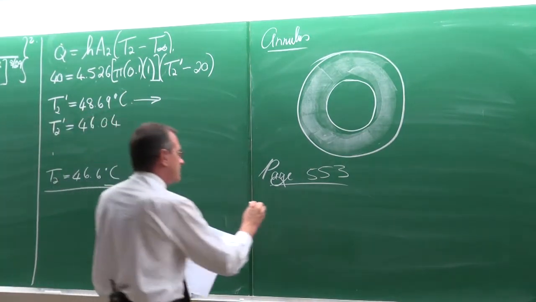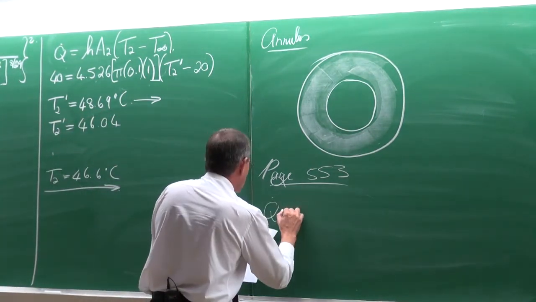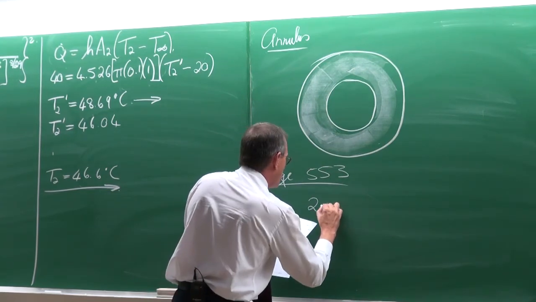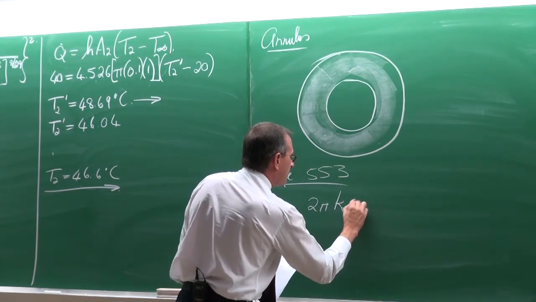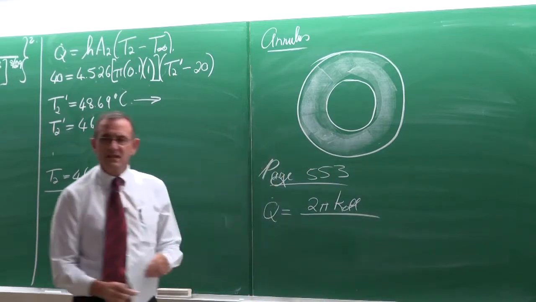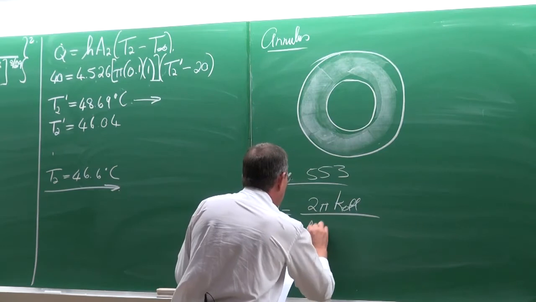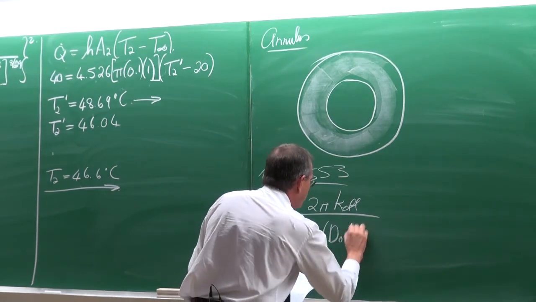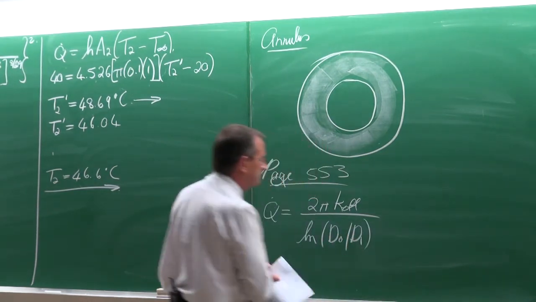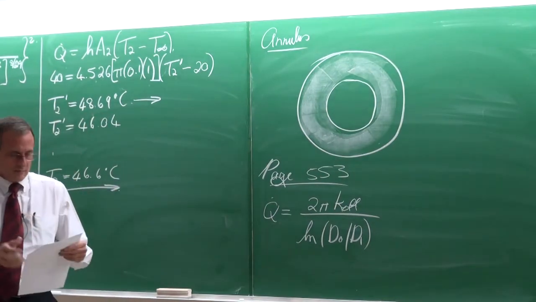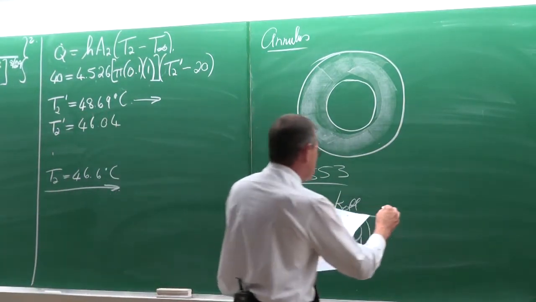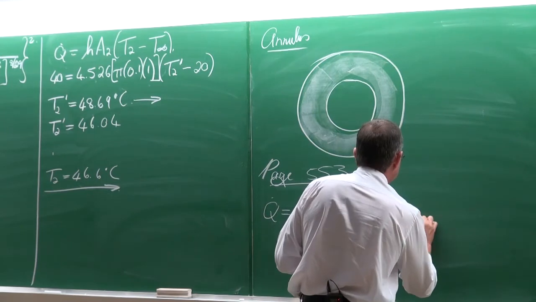It says that the transfer rate in the annulus would be equal to 2 pi multiplied by an effective thermal conductivity, divided by the ln of the diameter ratio. And that is equation 9.56 in your textbook.